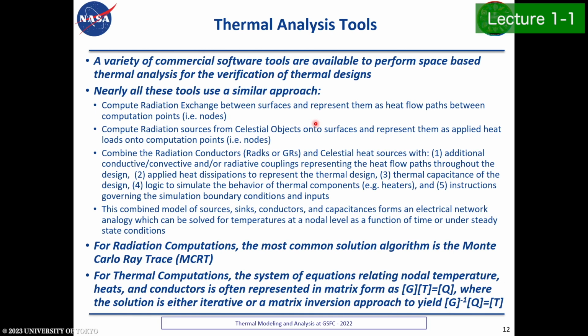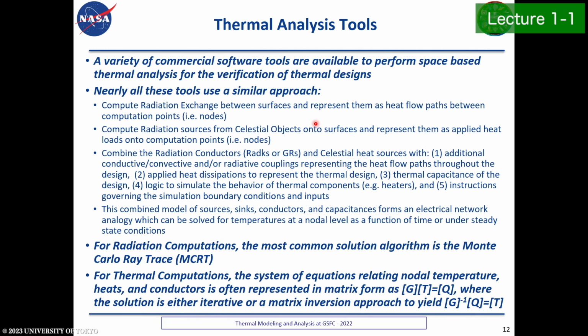By and large, there are 2 predominant ways that things get calculated. The radiation is usually handled by a Monte Carlo ray trace. We'll go through the details of that and how it's actually getting from surfaces and properties to radiation couplings. And then the thermal computations are solving a matrix of equations or system of equations, usually in matrix form.